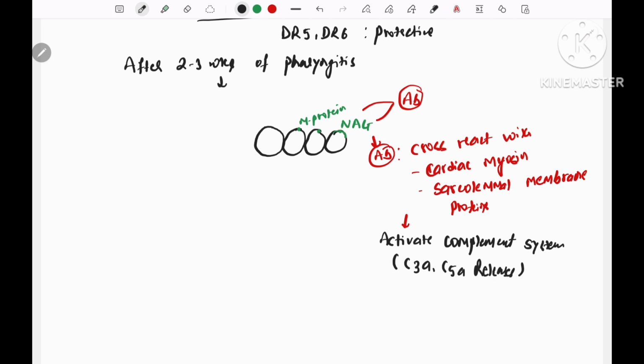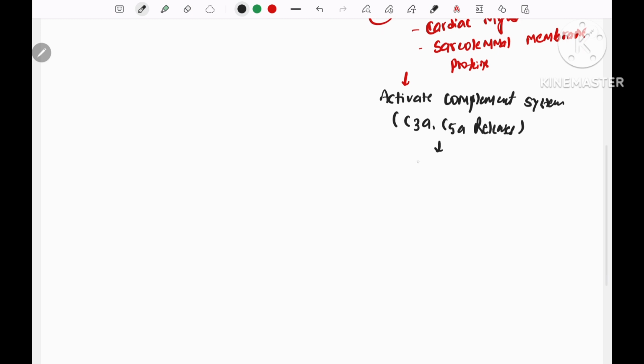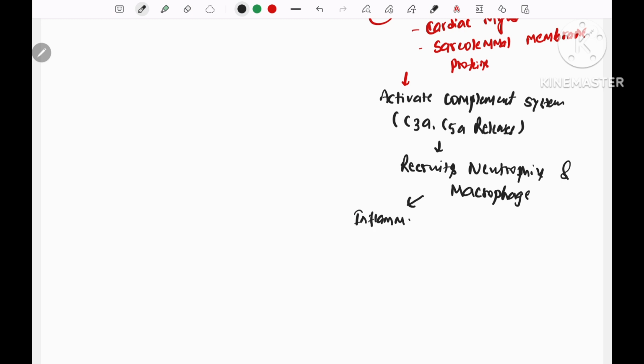What it causes is that it calls the neutrophils and macrophages. Now what they do is that they start inflammation and tissue injury, due to which different manifestations of acute rheumatic fever occur.